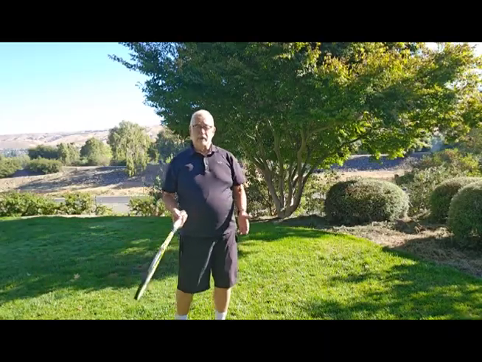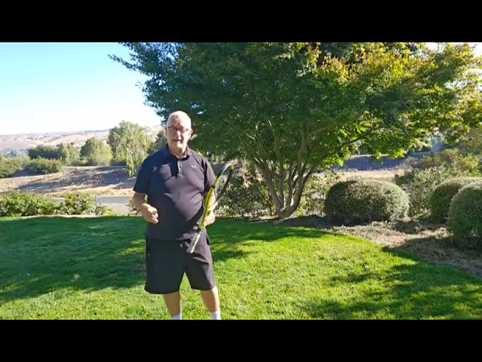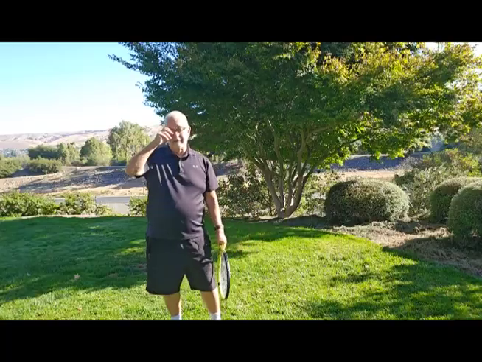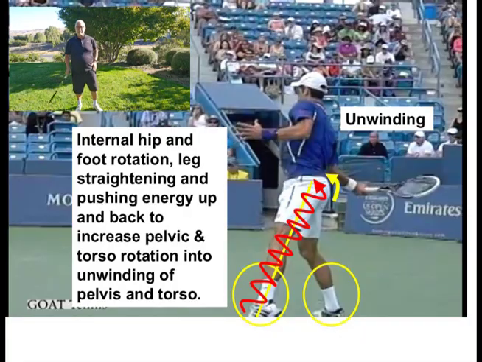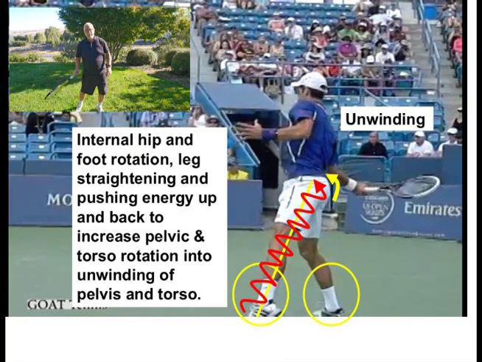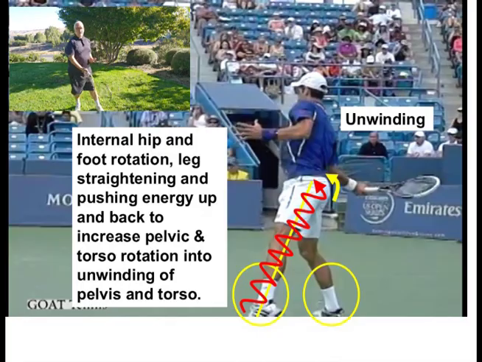But there's another important component of this movement that we haven't talked about, and virtually I've never seen it talked about in other tennis instruction. So in addition to this internal rotation of the lead leg and foot, breaking and stopping the continuing rotation of the hips, there's also an important power generation component of that move, which is that this lead leg will straighten and push the energy that we've injected in the ground back up through the body, as you can see in this little diagram.